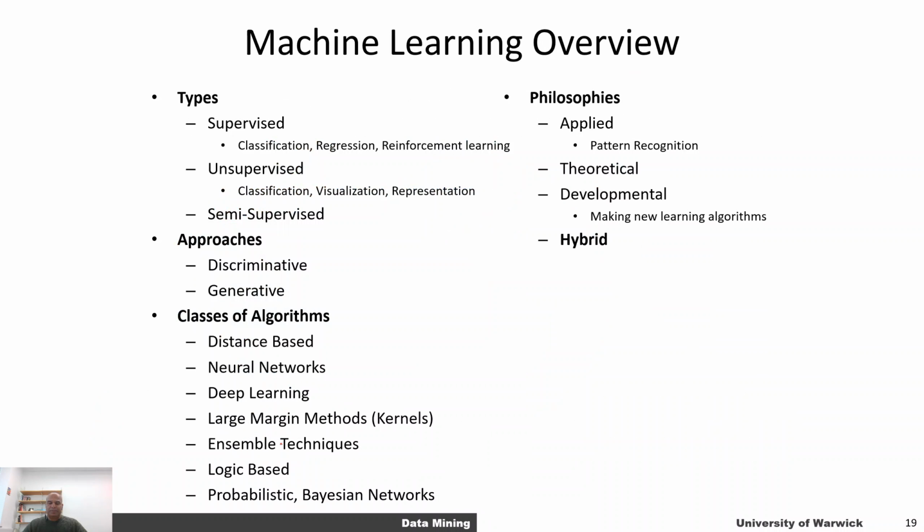Before moving on to the different types of machine learning that we are going to talk about in the rest of the module, or what types of algorithms there are, let's talk about what is supervised learning and what is unsupervised learning.